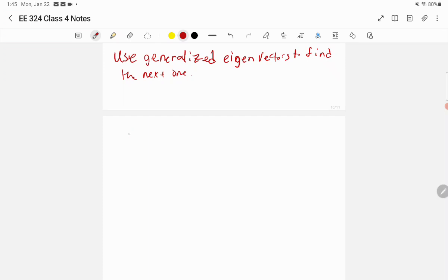So the idea there is that we have A minus lambda 1 I times v2. We don't have that vector, but we do have v1. So we're going to solve this equation. Simple enough.